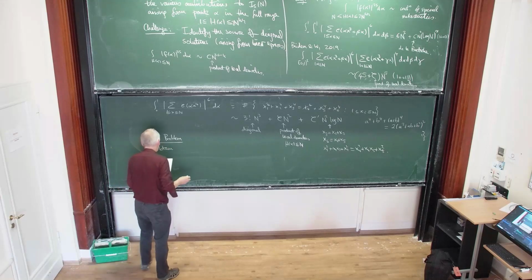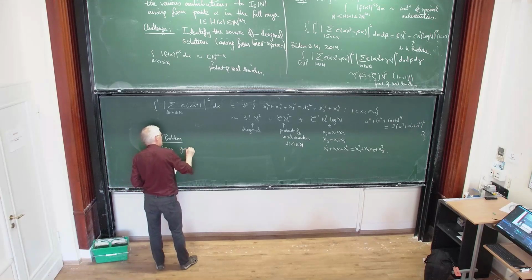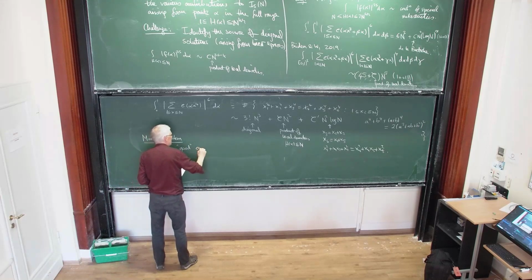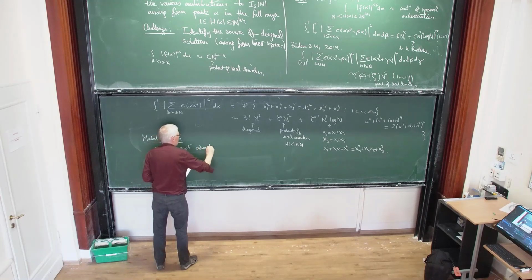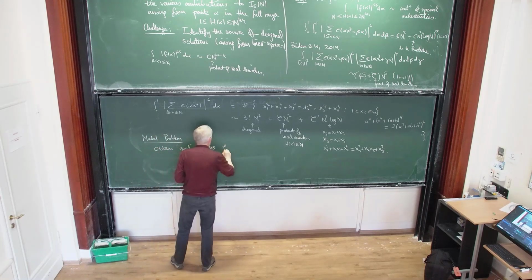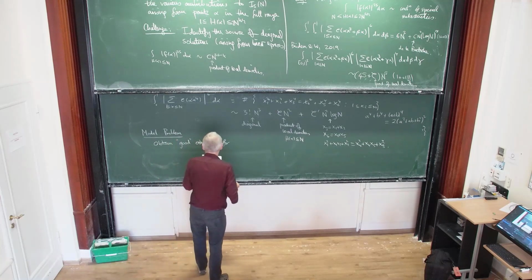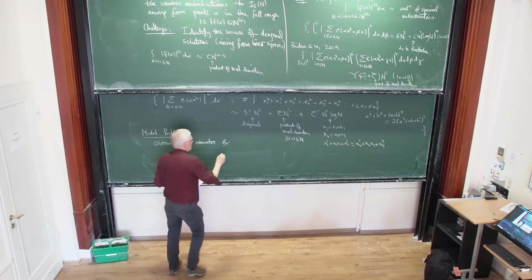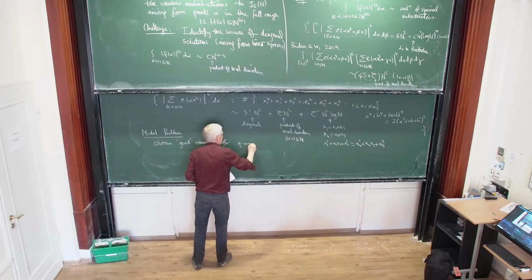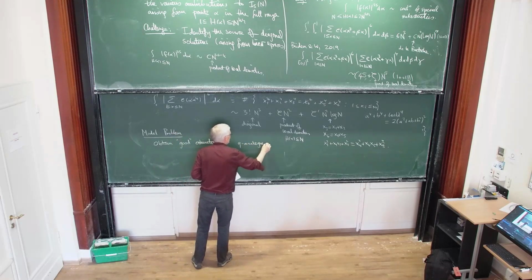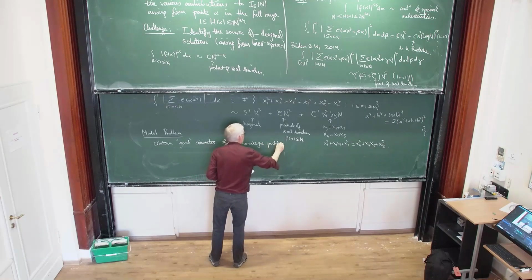So the model problem would be to obtain good estimates, whatever that means, for the Q analog, what I think of as a Q analog problem. And what do I mean by this?